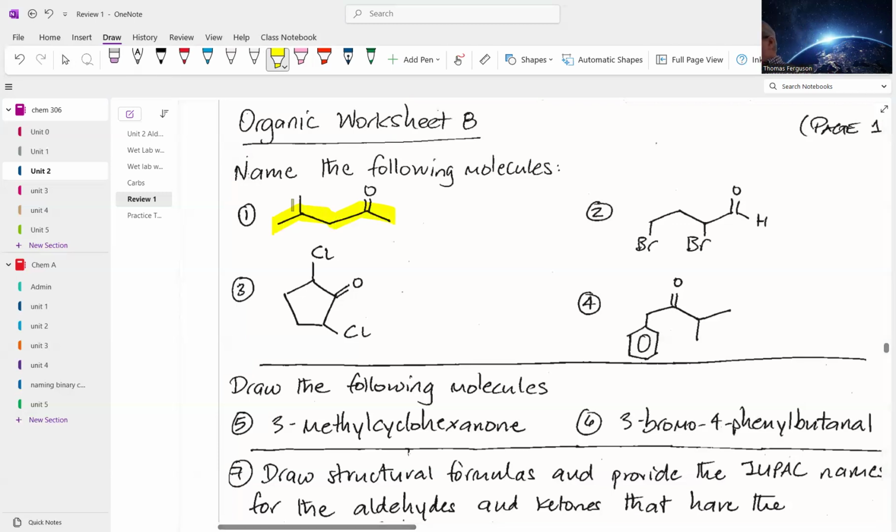And this is a 1, 2, 3, 4, 5, and it's a ketone. So it's going to be a 2-pentanone with a methyl branch at 1, 2, 3, 4. So 4-methyl-2-pentanone.